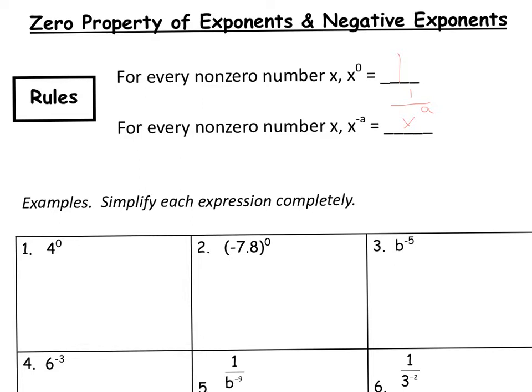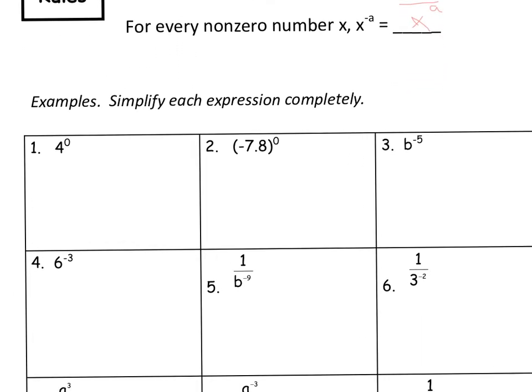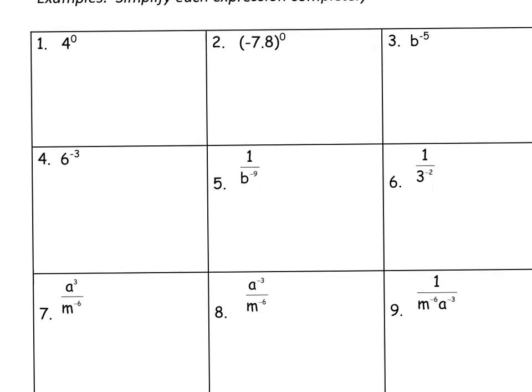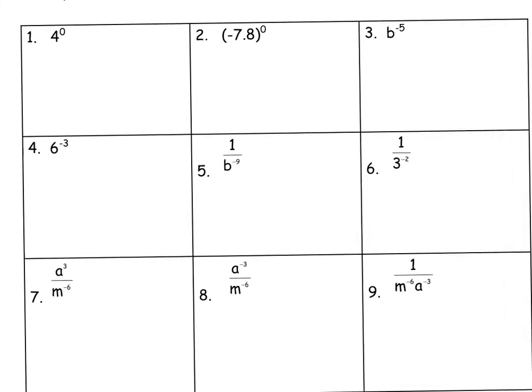So we end up with 1 over x to the a. Because we noticed on the previous chart that whenever we had a negative exponent, it just became a denominator for the positive exponent. Now let's take a look at these examples.